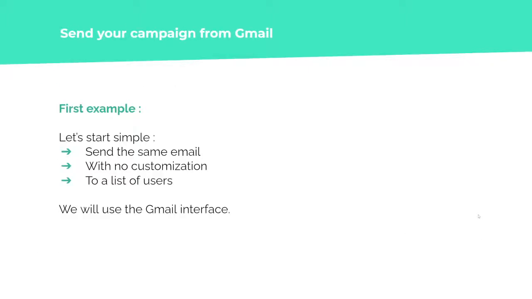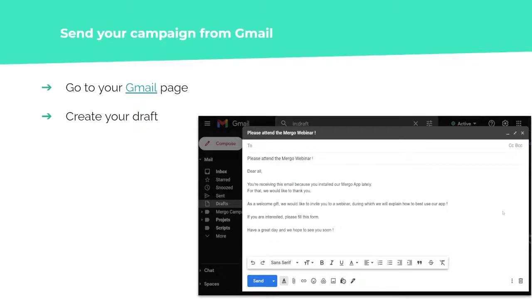Okay, so for the first example, as I told you, we'll start simple. We will try to send one same email without any customization to a list of users using the Gmail interface. So to do that, first we will go to the Gmail page and create the draft.